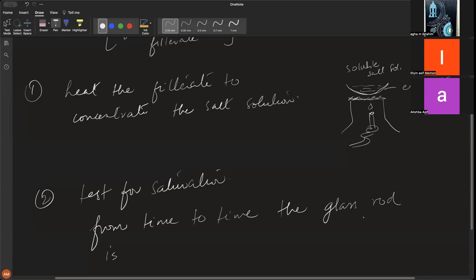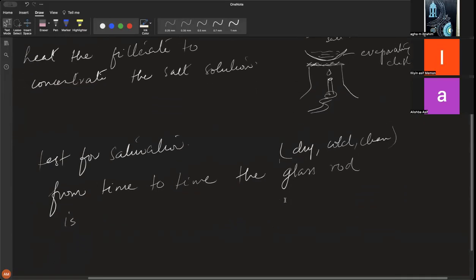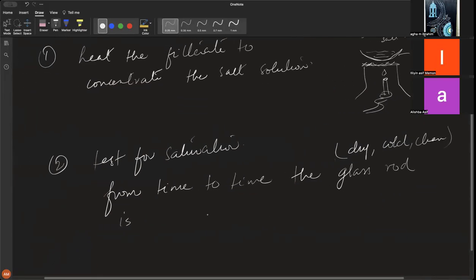You have to keep in mind that this glass rod should be dry, cold, and clean. Cold means at room temperature. It shouldn't be contaminated. The glass rod is dipped into the filtrate that is being heated, right?